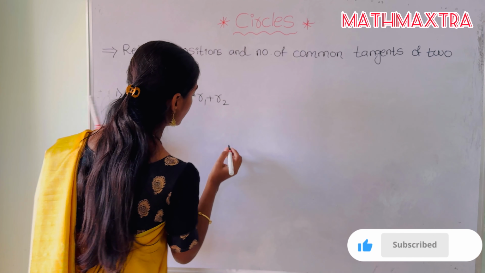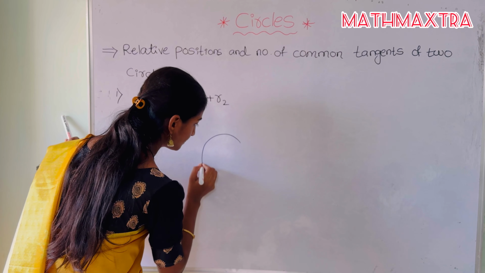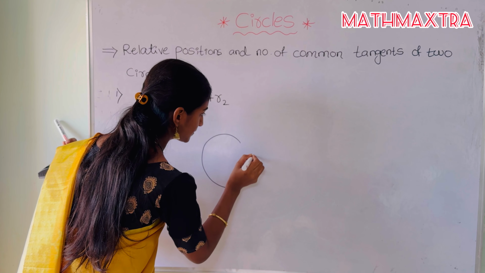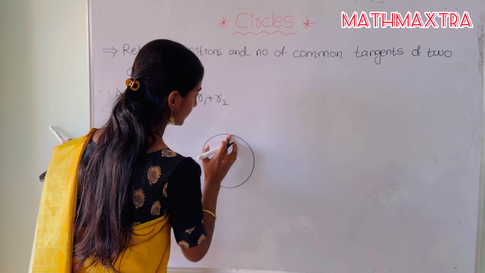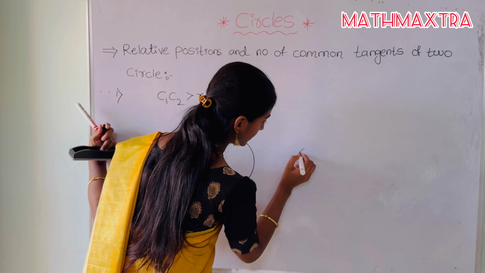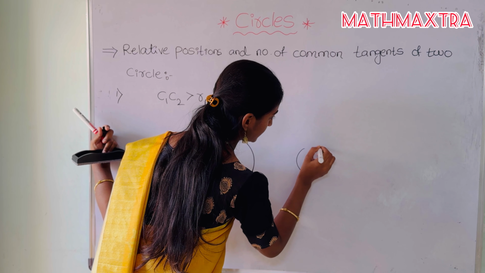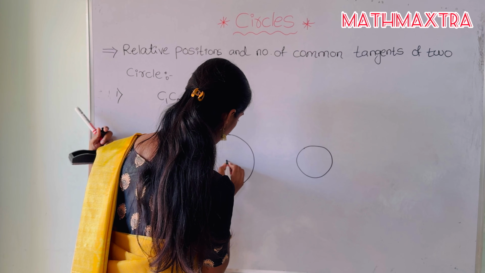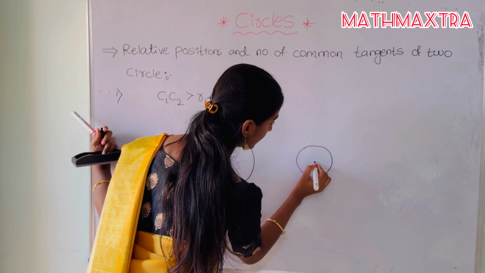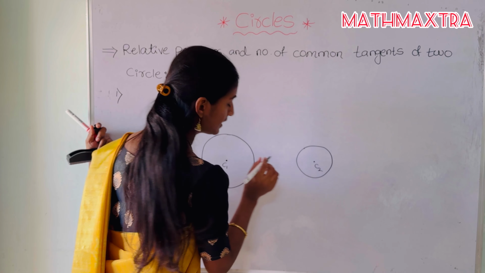See, if you take two circles, this is one circle and this is another circle. This is the center of this circle, C1, and this is the center of the other circle, C2.